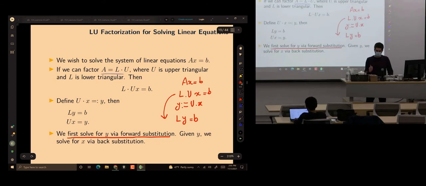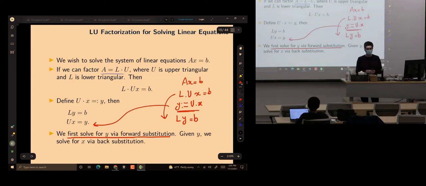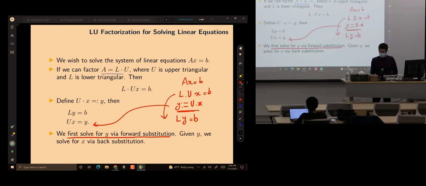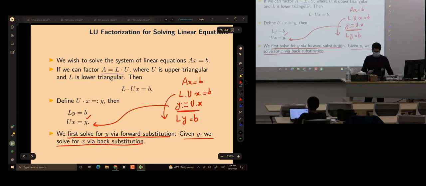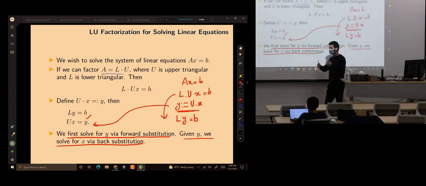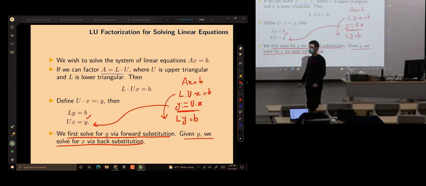Now, if I know y, then this line here that I'm showing in the standard case when you see y in the right-hand side, if I know y and x is the only variable, I also know how to solve this, because then I can do back substitution to get x. So if you can factorize A to LU with a two-step process, you can find x.